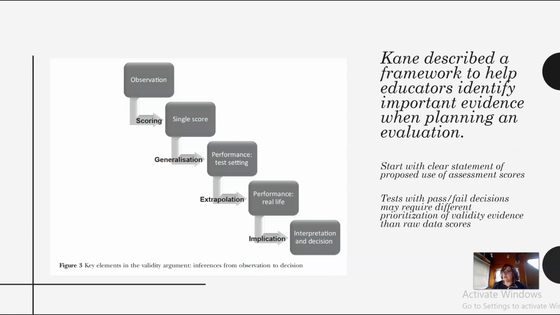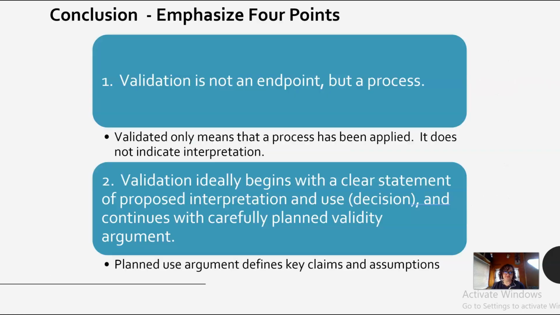Generalization would be like having test scores that could reflect on the amount of learning or competency that a student has. Extrapolation is using the score as a reflection of real-world performance, such as a simulation. And implications is applying the score to inform a decision or an action. So it's also important to note that tests with a pass-fail decision may require different priorities in this validity evidence than the raw data scores.